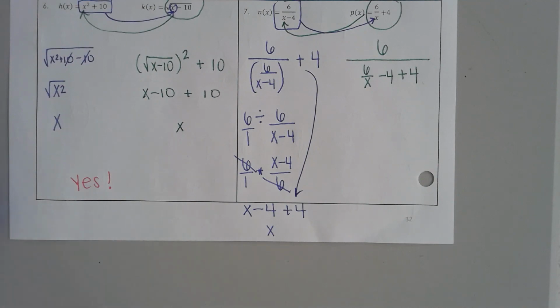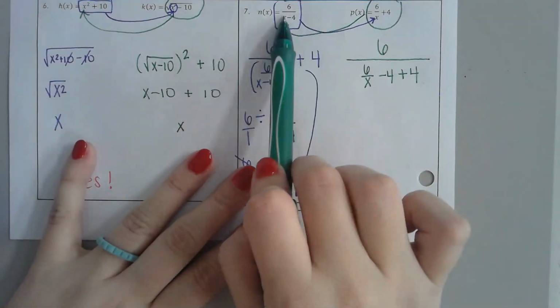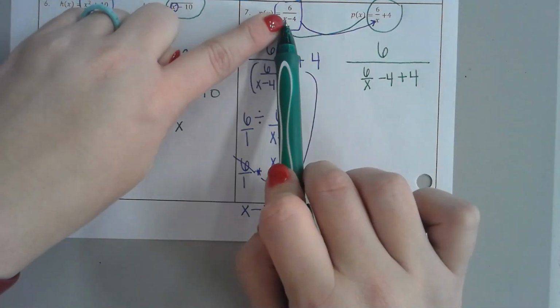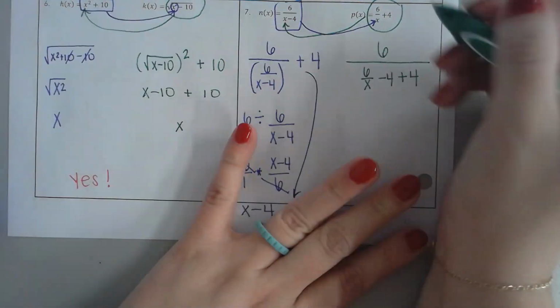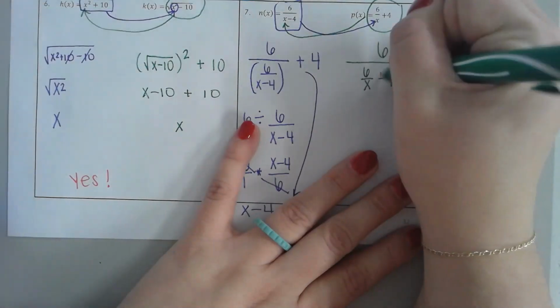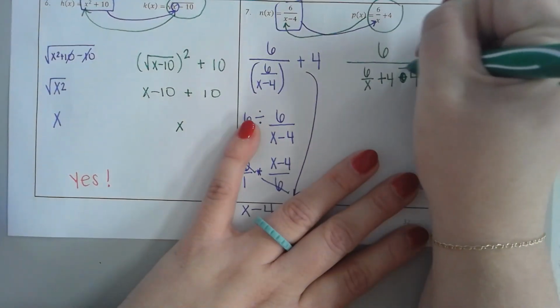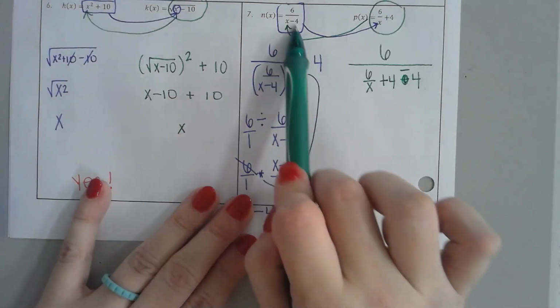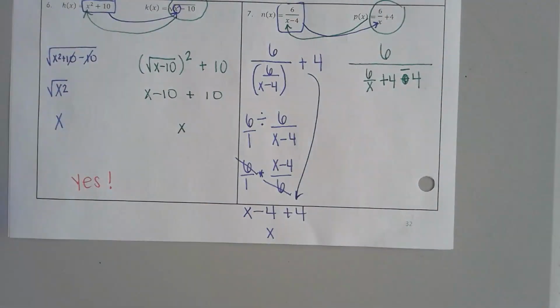So it's the 6 over that mess goes there. And then you have, oops, I got those flipped, didn't I? That should be a plus 4 and that should be a minus 4. Because the 6 over x plus 4 goes there and then we still have the minus 4.